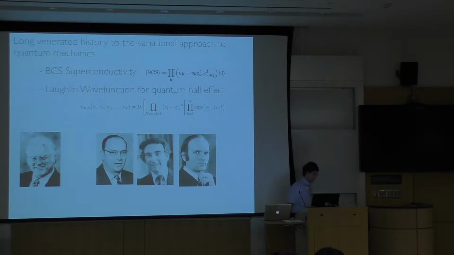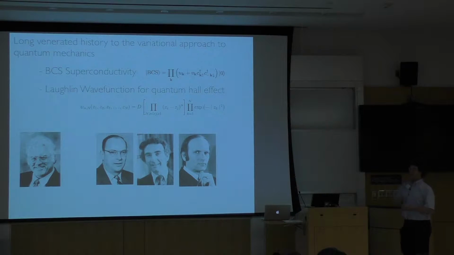Okay, and it turns out that this approach sounds ridiculous at face value, right? Let's just guess what the answer is to the many-body wave function. This approach has a long and venerated history in the study of quantum mechanics. I mean, BCS superconductivity, how was it solved? Well, Bardeen, Cooper, and Schrieffer more or less wrote down the BCS wave function and showed that it had the right physics properties. An understanding of quantum Hall, where did it come from?